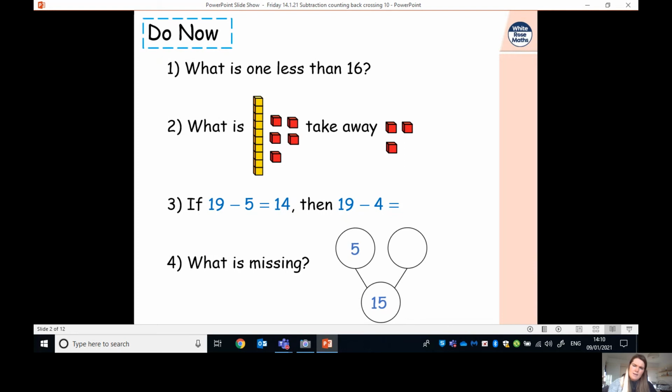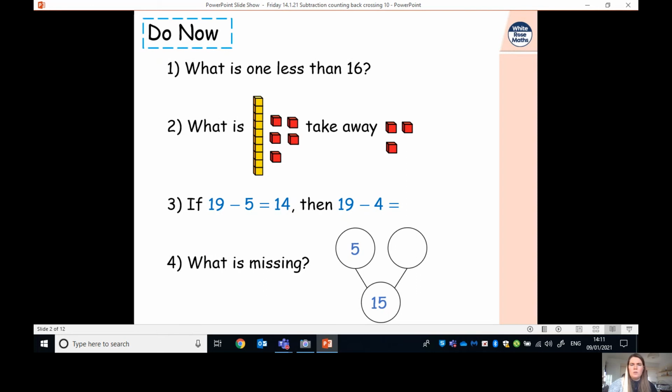So what's 19 minus 4? You can use some of your number bonds there to help you. And what's missing from this equation? 5 add something makes 15, or 15 subtract 5 is what? Can you finish the part-whole model here?